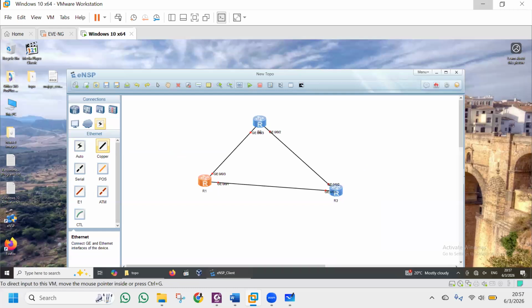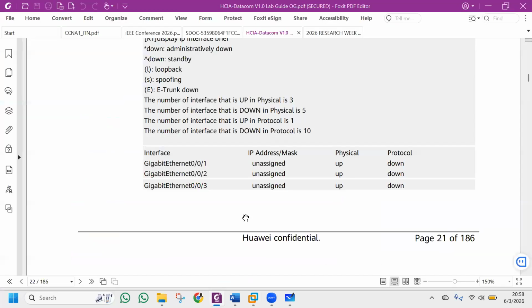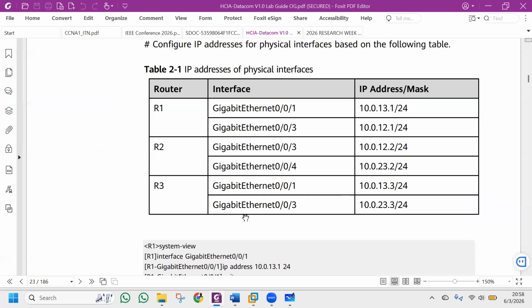Right. So what our network is, is this table, which basically shows us the networks that we have. On interface GigabitEthernet 0/0/1, we have network 10.0.13.1. That's the .0, that's the network, .1 that's the interface address of GigabitEthernet 0/0/1.